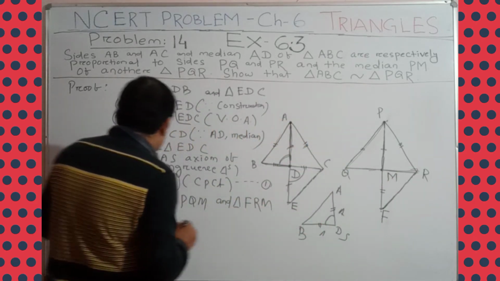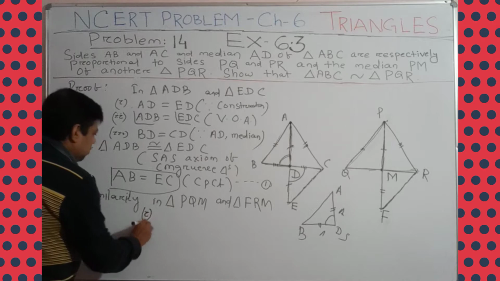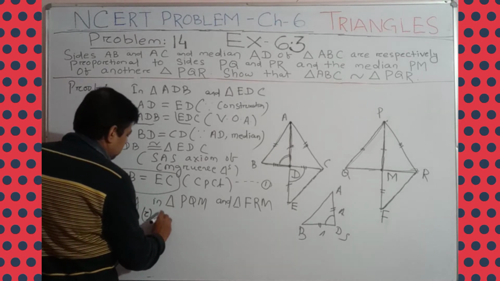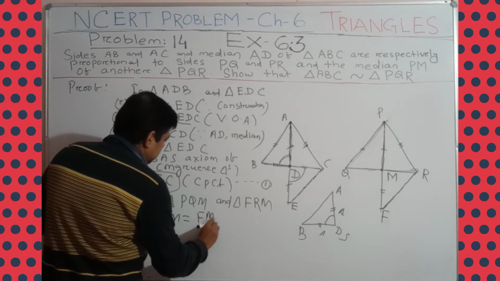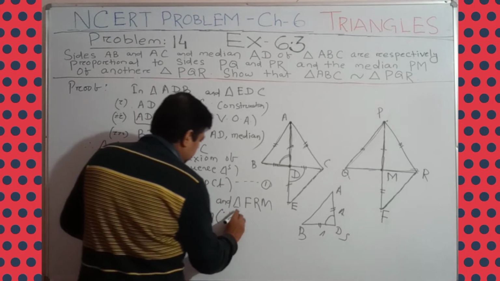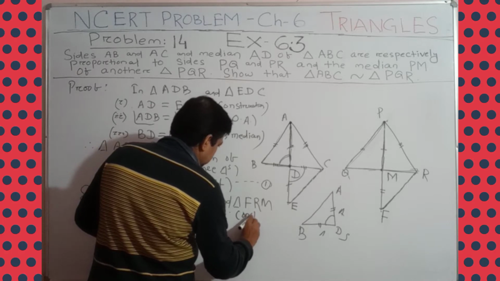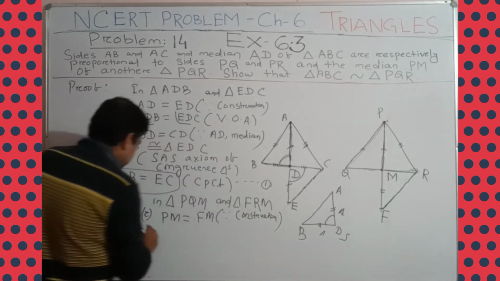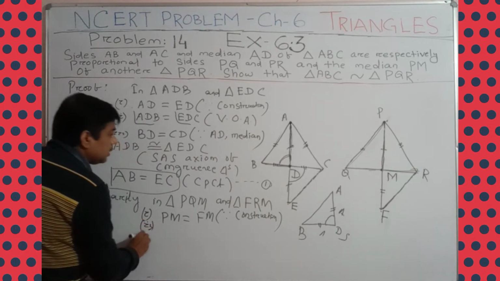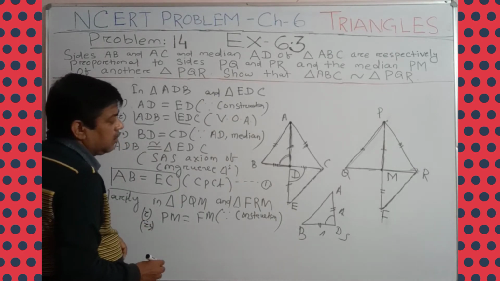In these two triangles, you clearly understand PM is equal to FM, since construction; we have already done the construction.